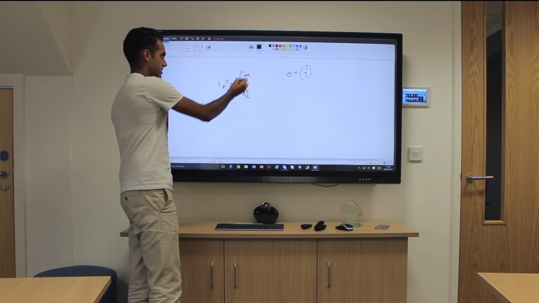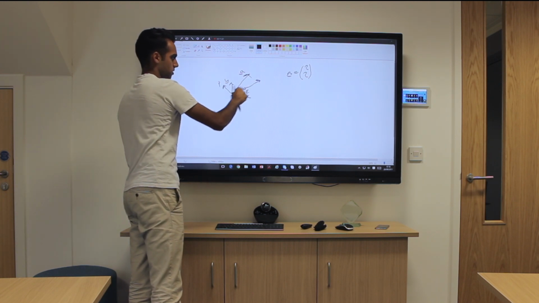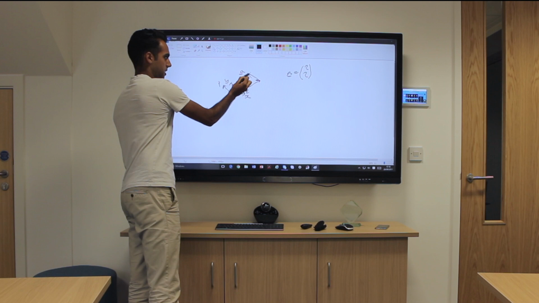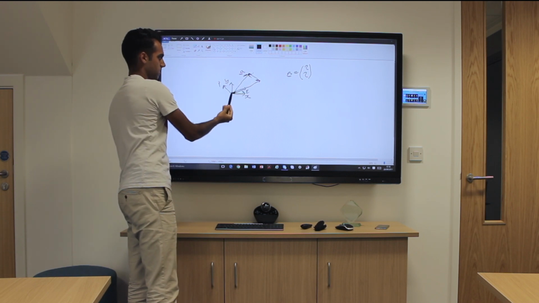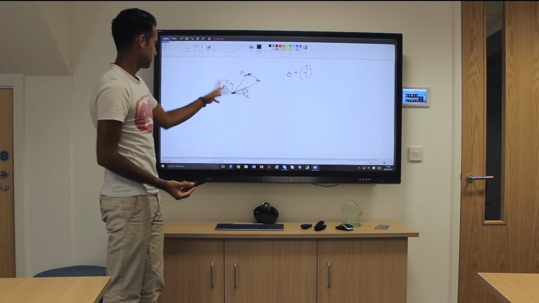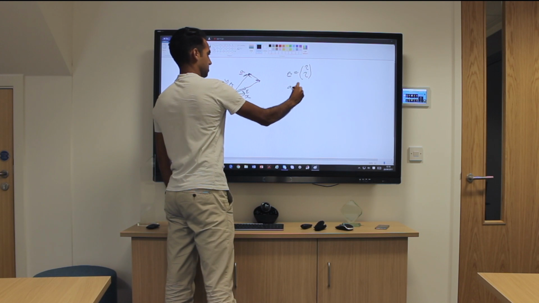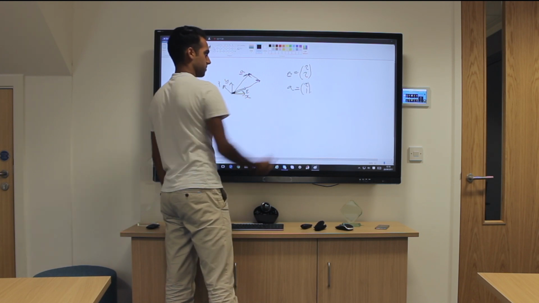Then A is actually 2 lots of Q and 1 lot of P. So start here, twice Q and 1 P. So in this other basis, the basis PQ, I can write A as 2 lots of Q and 1 lot of P.